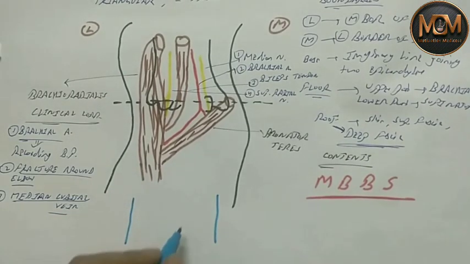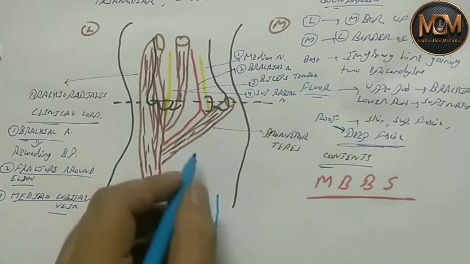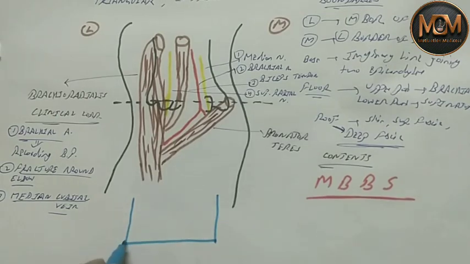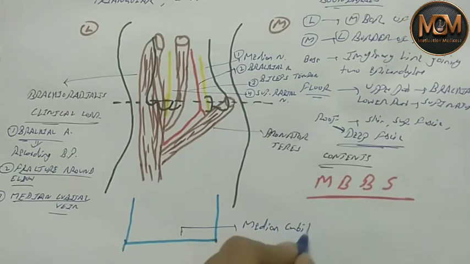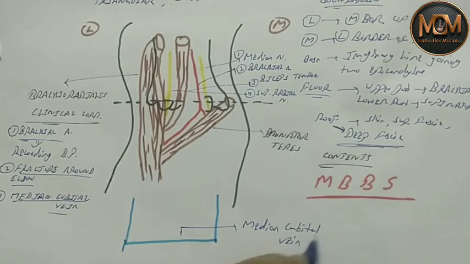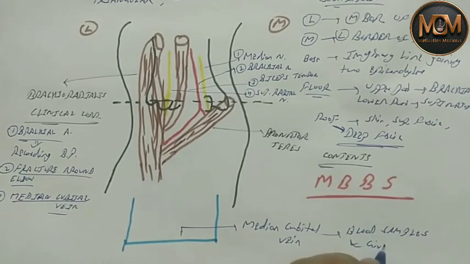The basilic vein joins the cephalic vein around the elbow, and this is the median cubital vein. This vein is very important because from it we collect blood samples and also give intravenous injections.